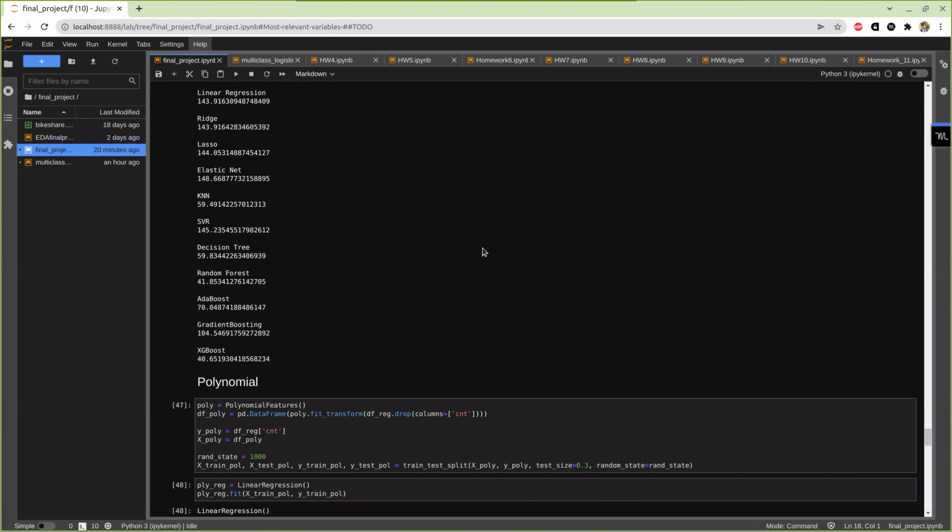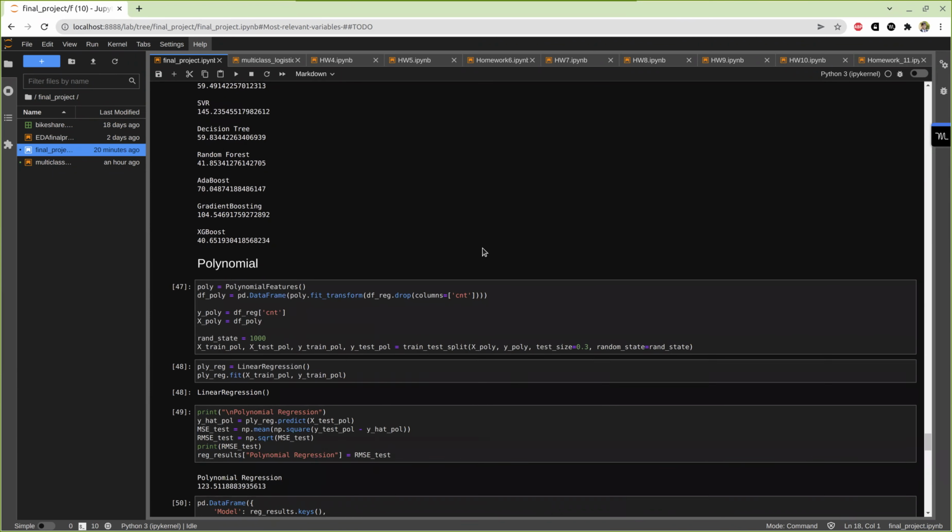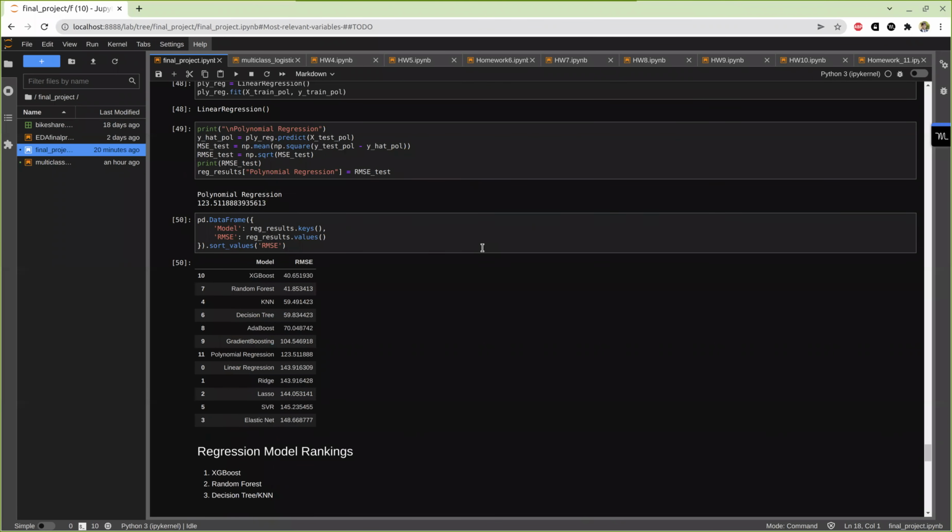But with our final results, we actually found the top 4 to be similar to the top 4 for classification, but they're slightly different, which we found interesting. For example, here XGBoost was the best performer with an RMSE of 40, with Random Forest close behind, and then Lasso and Decision Trees being essentially a tie for 3rd.